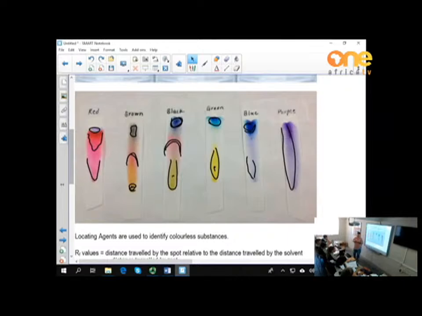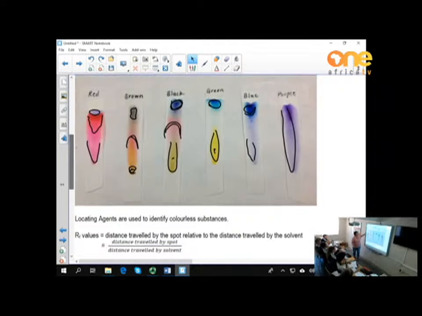But these substances don't have color. So I will take a certain size chromatogram. In the laboratories, they know what sizes work, and they leave it to draw up the urine for a specific amount of time, because they know at that point the solvent level is at the top of the chromatogram. They will remove it, but there won't be any spots on it.